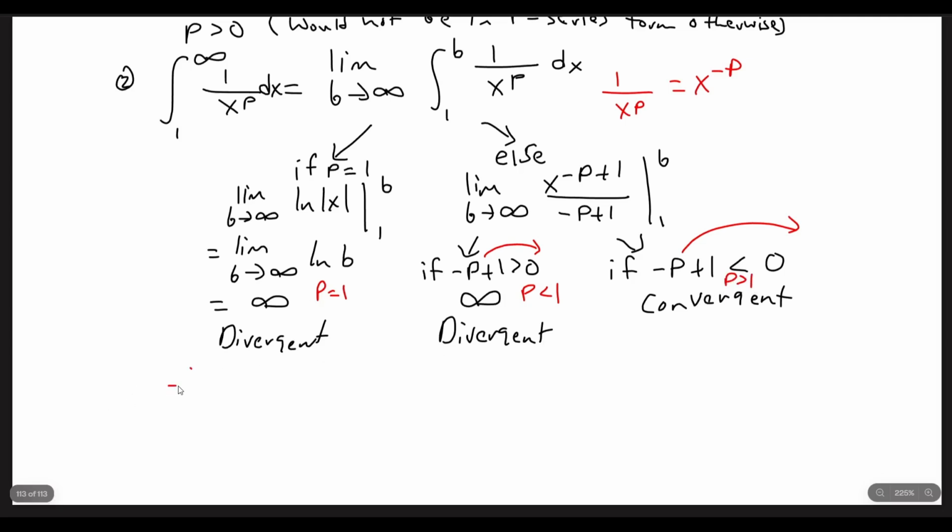So therefore, and we're going to smush this all together, p equals 1 and p less than 1 divergent. So we can say for p greater than 1, convergent, and for p less than or equal to 1, divergent.